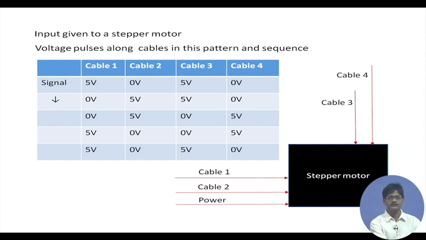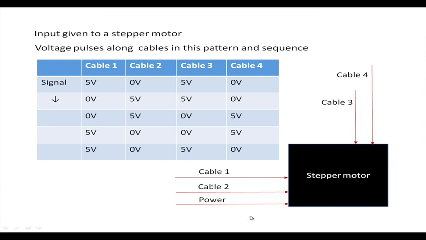The input given to a stepper motor, as we can see in the figure, has 4 input cables and 1 power cable. What are these 4 input cables? We can see that these cables might be containing a 5 volts signal or 0 volts.